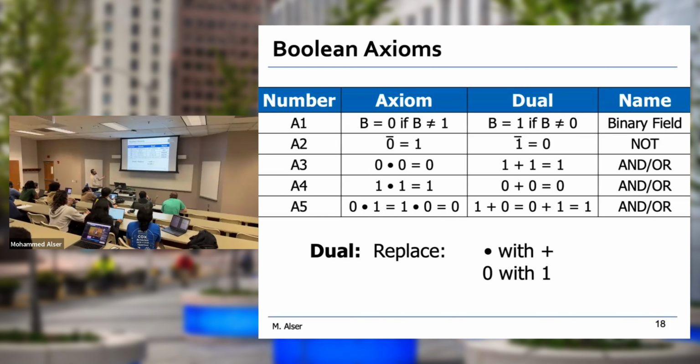With 1, not or bar, then 0. 0 times 0, flip the dot with the plus, so 1 plus 1, and flip the 0 with 1, 1 with 0, and then you will get 1 plus 1 is 1, 0 plus 0 is 0, 1 plus 0 is 1. And remember, the OR is always summation, the AND is multiplication. If you think about it this way, it's easy for you to know all of these things.